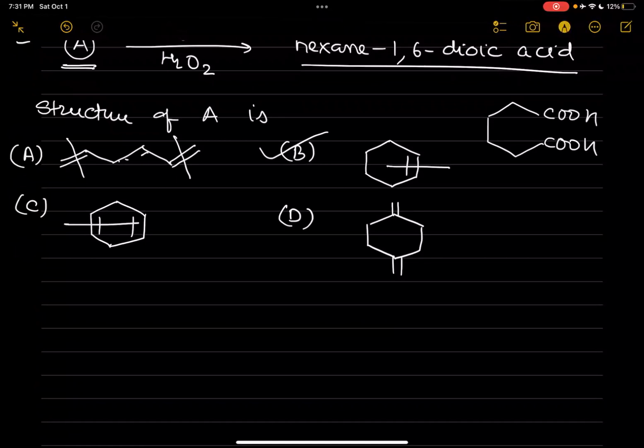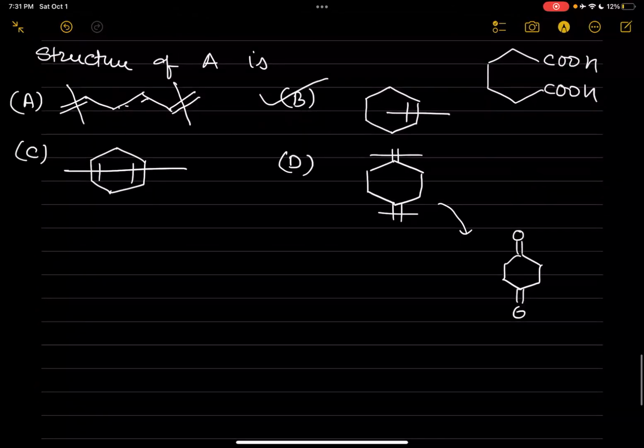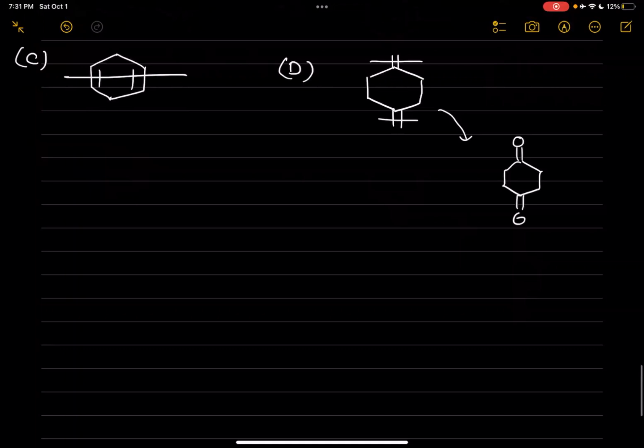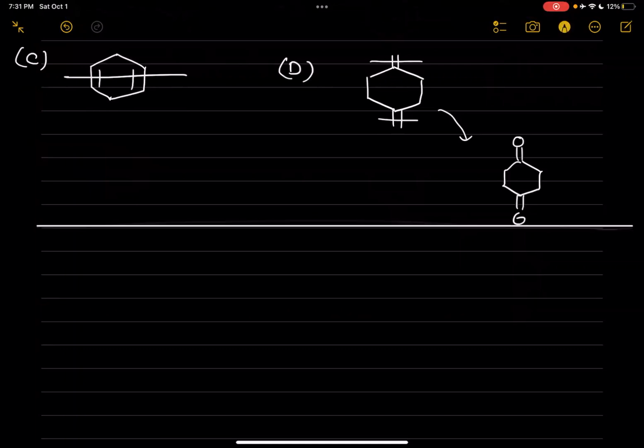And this is going to give you propane dioic acid, and this is going to give you cyclohexane dione. Clear? Is it clear? Right. So now we move on to another method.